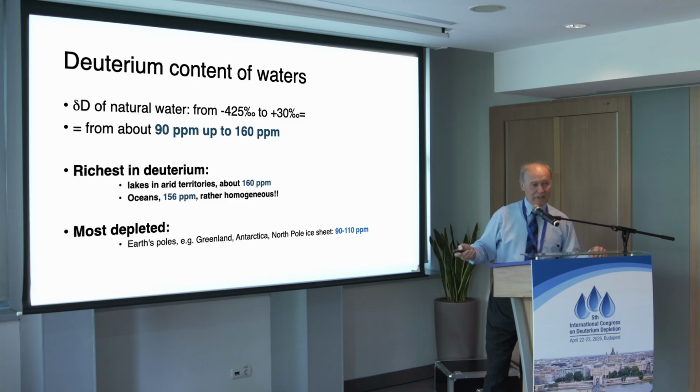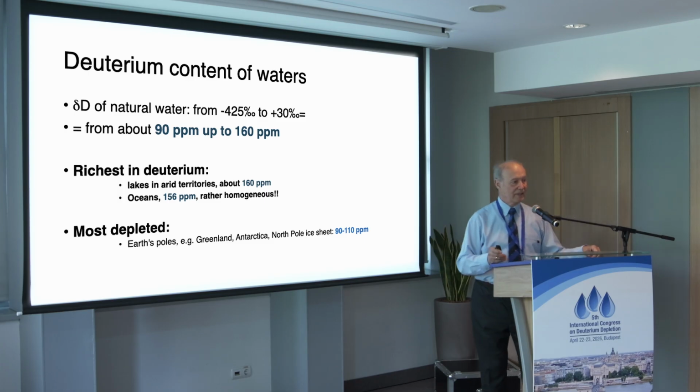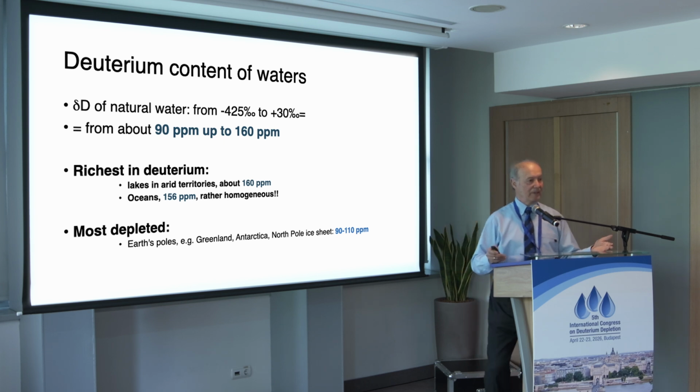The most depleted water in the form of ice can be found in Greenland, Antarctica, the North Pole, and its deuterium content is 90 to 110 ppm. You regard it as deuterium depleted water.